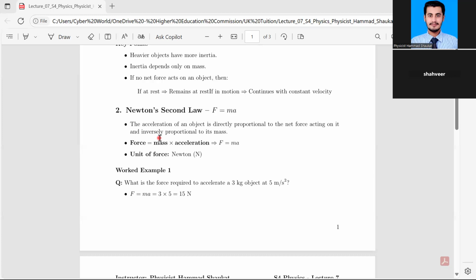So the simple thing is that if a body has greater mass, will it accelerate less or more? Less. Yes. And if a body has less mass, does it accelerate more or less? More. That's why for speeding cars, racing cars, can you tell me whether their mass remains small or high?